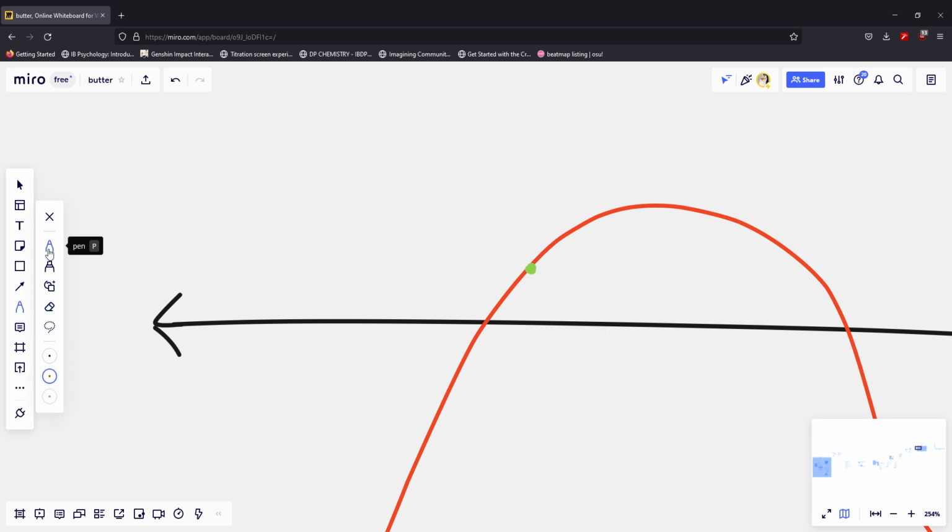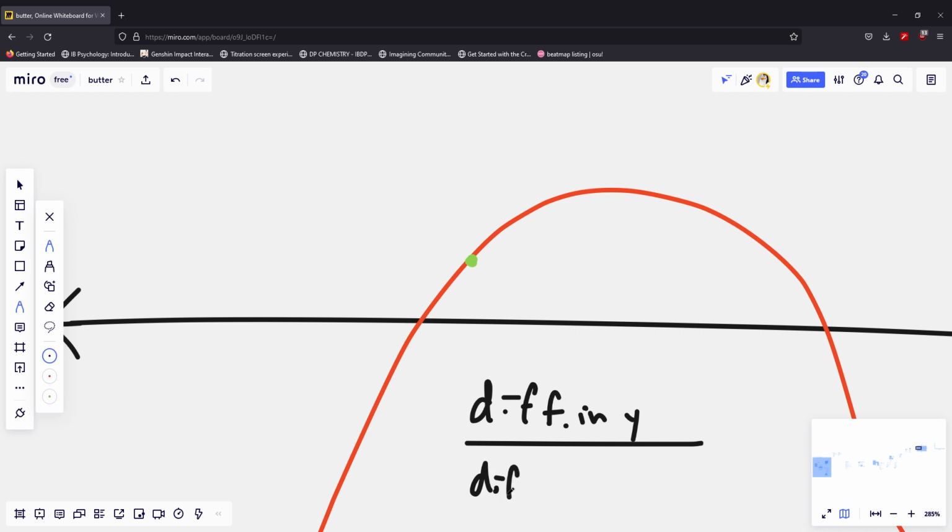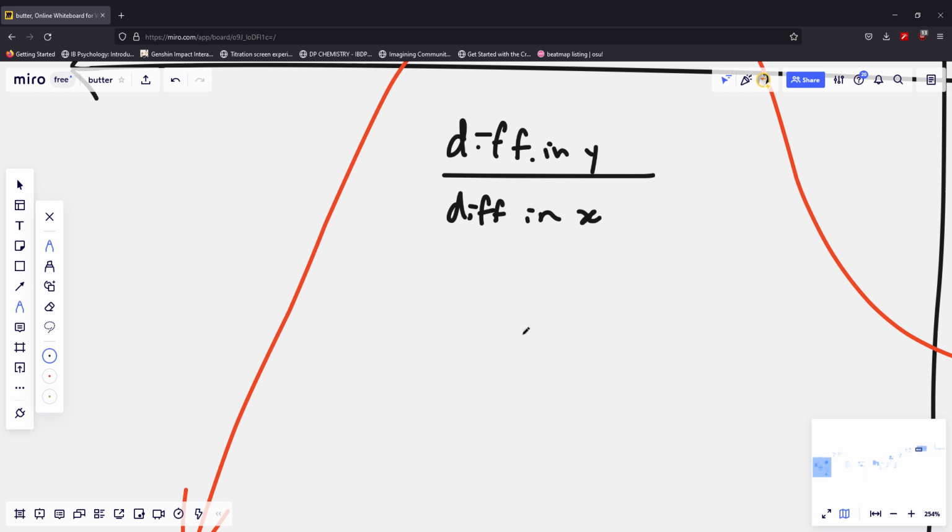Here's our point. So, the way we did it is we found a difference in y, divided by a difference in x. And if you remember, we usually use delta to represent differences or changes.